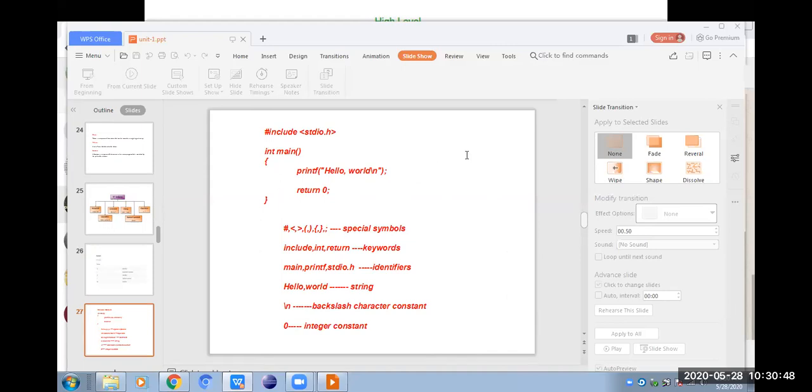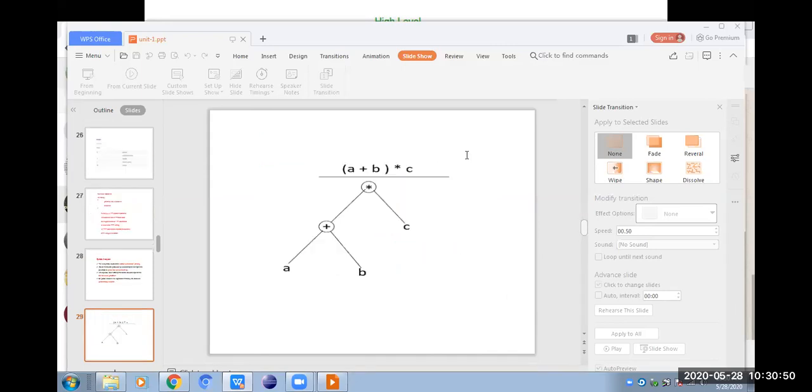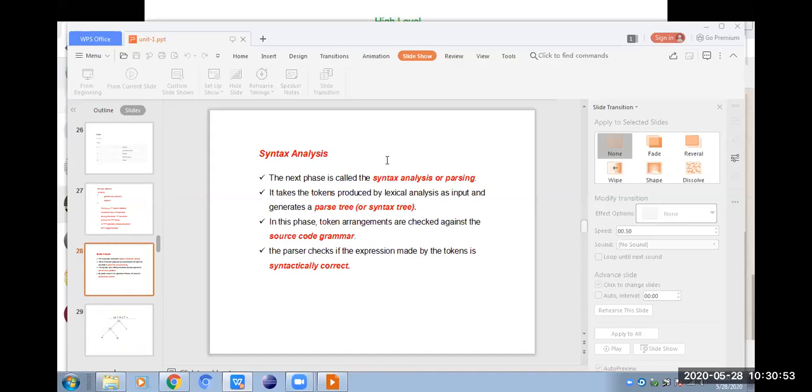Next, these lexemes are provided to the second phase, called syntax analysis. The tokens or lexemes generated in the first phase are given to the syntax analysis. The syntax analysis is also known as parsing.